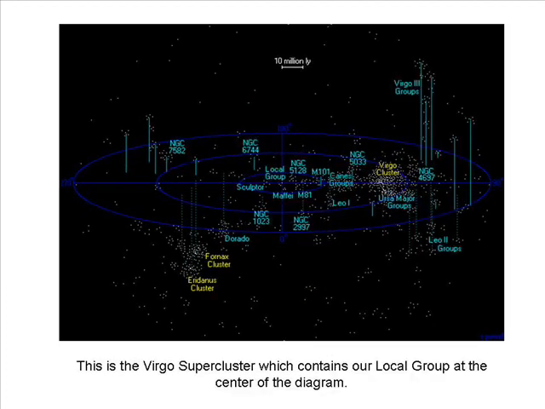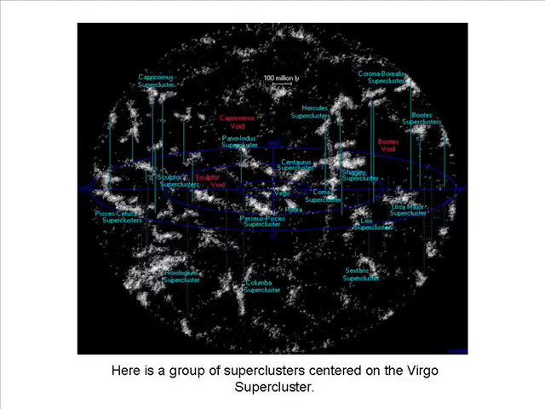Slide 9 shows the Virgo supercluster, which contains over 1,000 galaxies, including our local group of galaxies. And it is this supercluster that John Coslin proposes in his slideshow could be a superuniverse composed of 10 major sectors, each of which is 100 minor sectors. Slide 10 shows a grouping of superclusters.